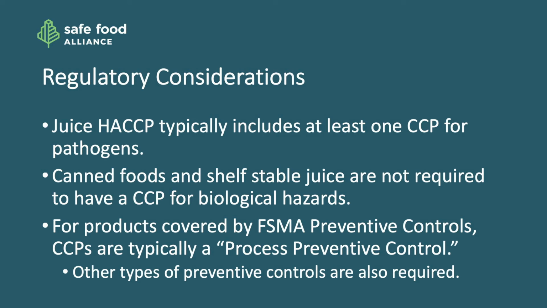Like we've talked about throughout the training, for products covered by the FSMA preventive controls, CCPs are typically referred to as process preventive controls. Other types of preventive controls may also be required, such as allergen preventive controls, sanitation preventive controls, and supply chain preventive controls under that rule.